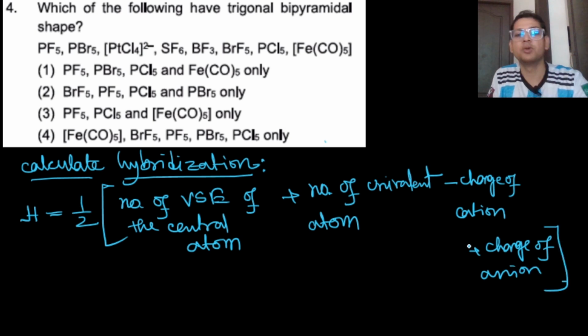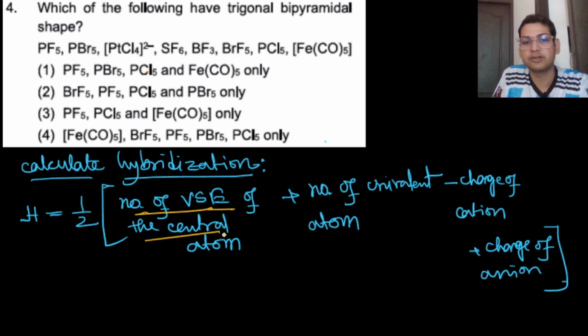Okay, so this is the rule. Very easy. You see what I am doing here. H equal to half of number of valence shell electron of the central atom. Number of univalent atoms, and univalent atom means what you are saying.